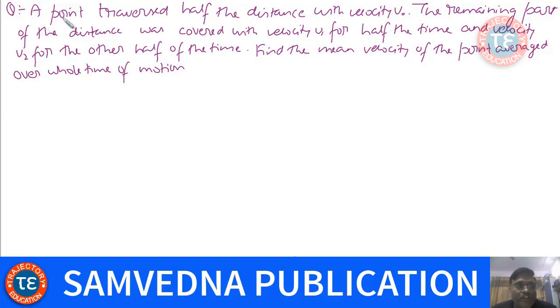Okay, the question is, a point traversed half the distance with velocity V naught.